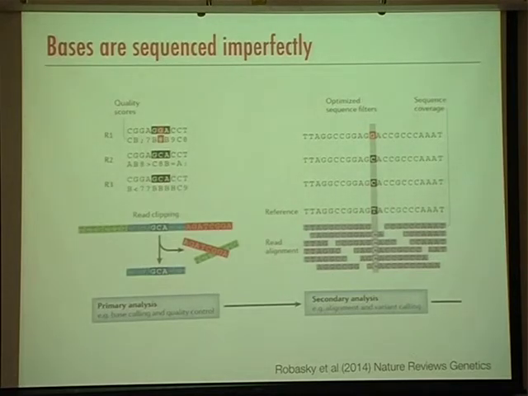So the quality scores involve a multiplication by 10 and then a log base 10. That's how you can convert between these Phred quality scores and actual probabilities of error. So to make that more clear, if I have a quality score of 40, that would be a probability of error of 10 to the negative fourth, 50, 10 to the negative fifth, and so on.